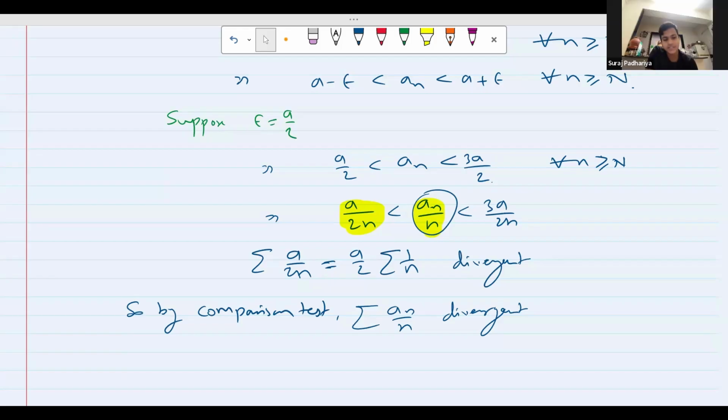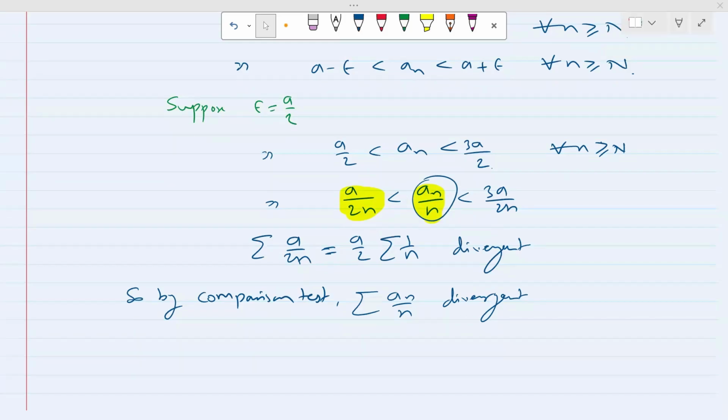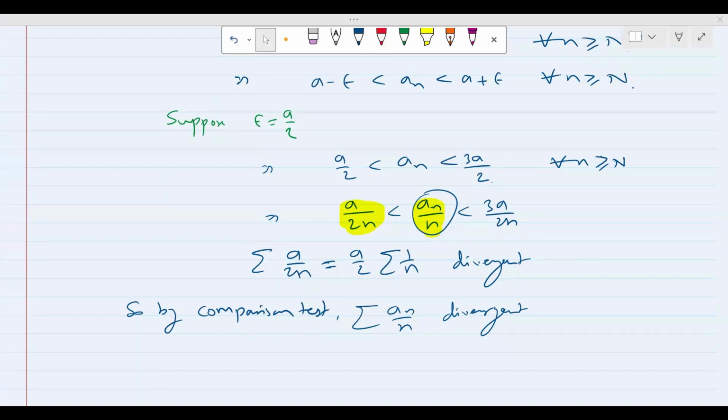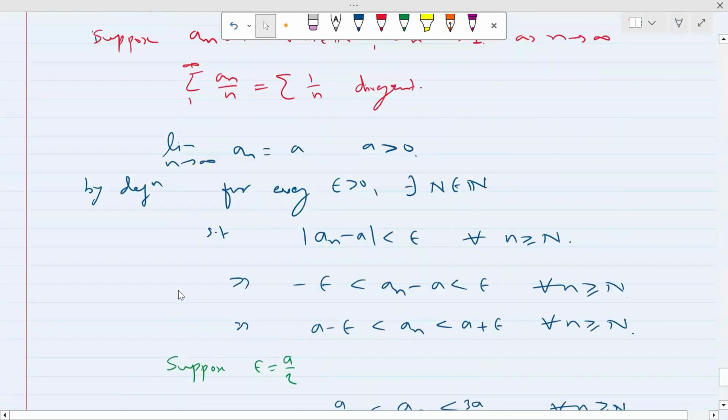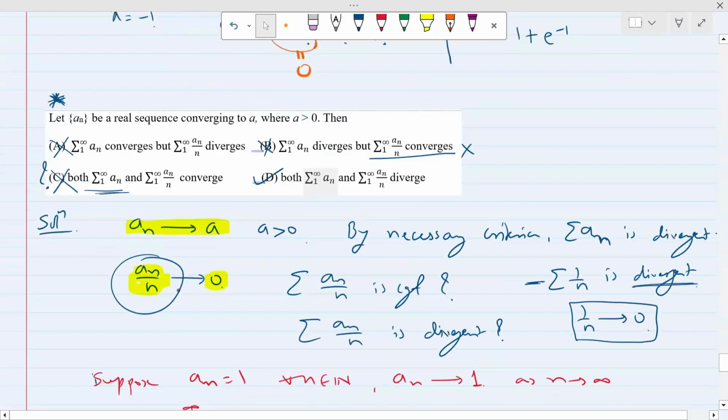Got it. I hope it is followed by all of you. So option D is correct. Both will diverge.